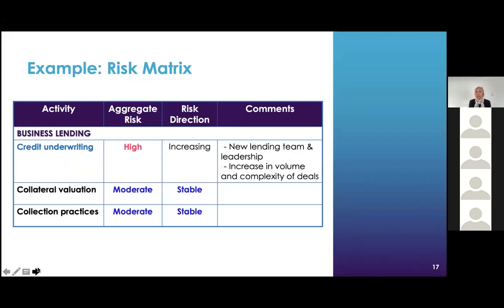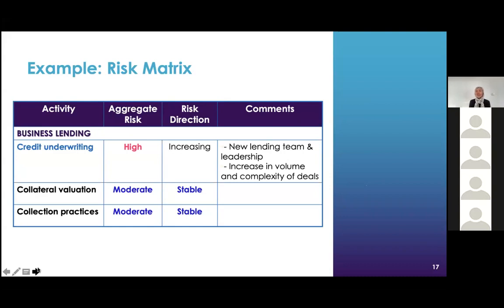So let me give you some examples. I cut and pasted this from a matrix. This is a financial institution that had business lending. It also had consumer lending, and they broke out their activities. You will see there's lending, but there are also other areas, activities, operations, and accounting. You'll see how the matrix is set up, but I'm going to focus on the lending right now. So there's a business lending unit, and their credit underwriting had an aggregate risk of high. And why? If we look at the comments, they had an entirely new loan team.